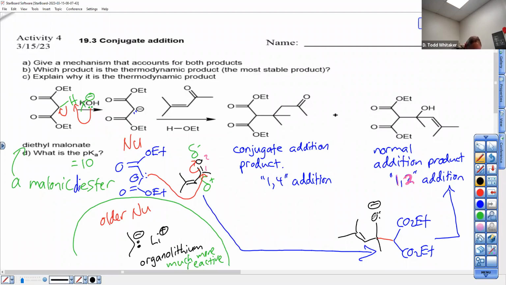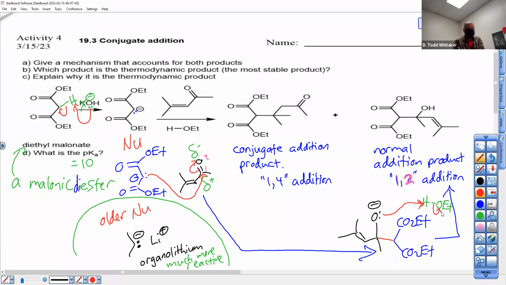HOEt is the solvent and proton source. And that's the reaction we learned in chapter 16 when we combined it with 15, like organolithiums with ketones and aldehydes, right? That's not a new reaction at all.